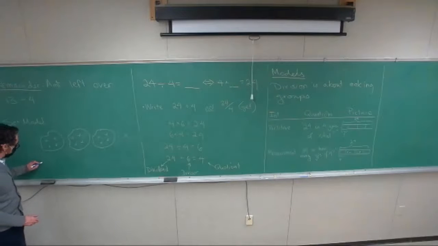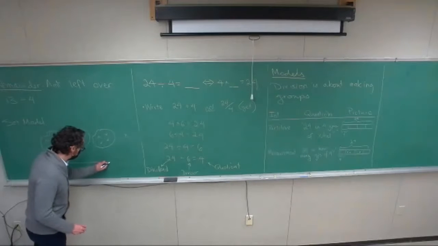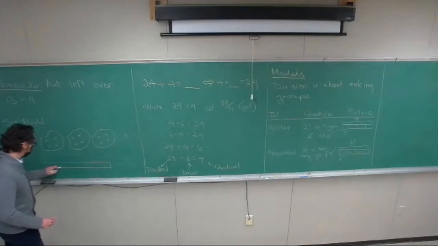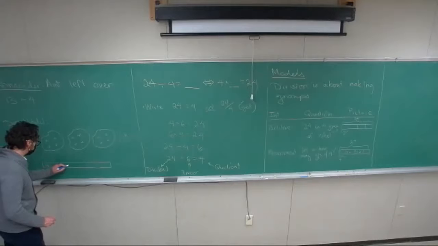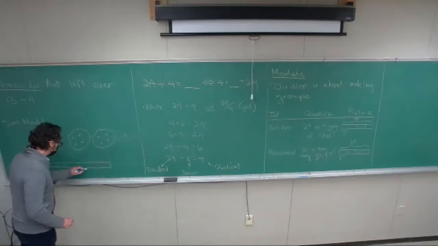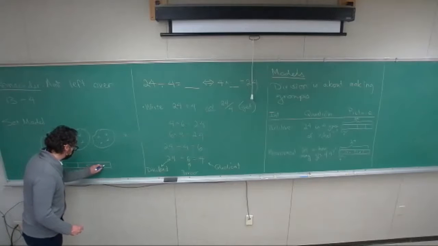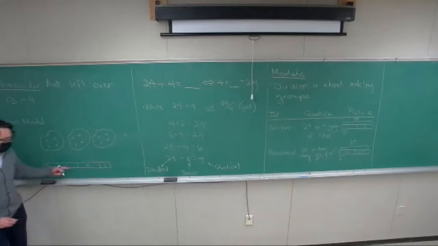If we were to illustrate with the measurement model, we could do it like that, okay? 1, 2, 3 jumps of 4 plus an additional 1 left over.